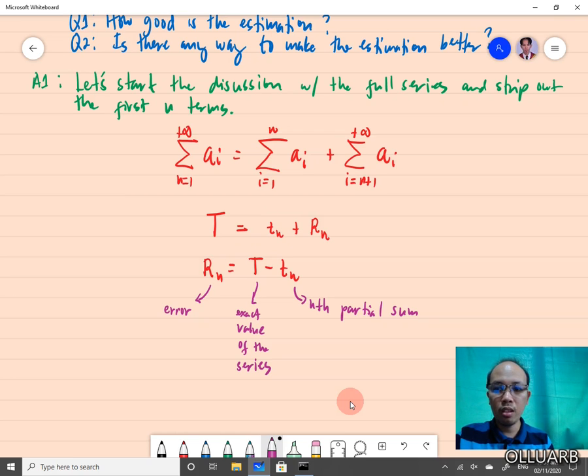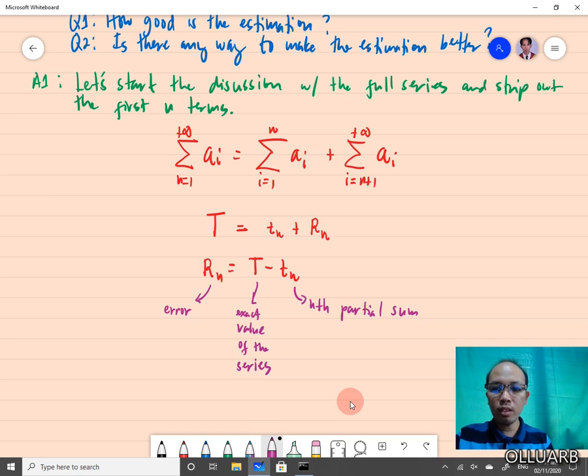Once we've got the estimate of the remainder, we'll also have an idea of how good a job the partial sum does in estimating the actual value of the given series.